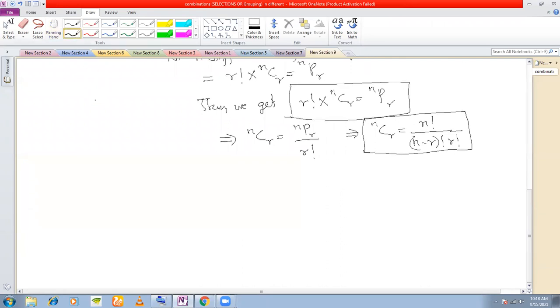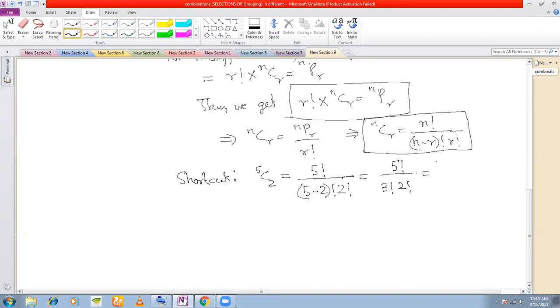Now just as in permutations, you don't use the formula to calculate the number of permutations, I have given you a shortcut. Here also we have a shortcut for calculating the combinations. If you want to calculate say 5C2 by formula, you will write factorial 5 by factorial 5 minus 2 into factorial 2, that is factorial 5 by factorial 3 into factorial 2.